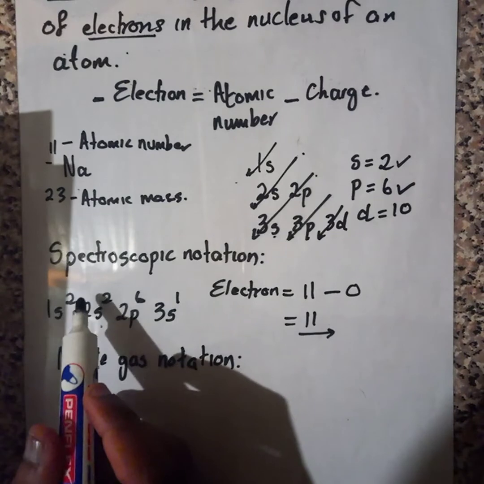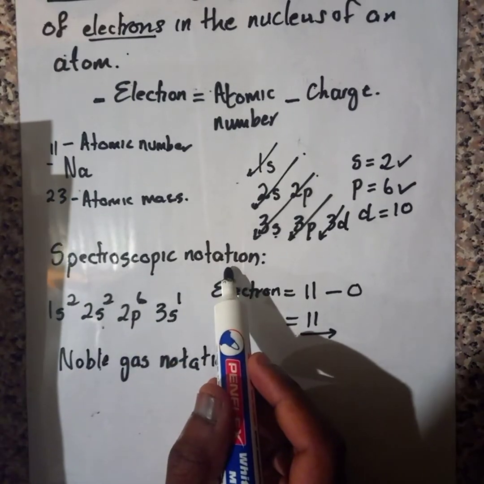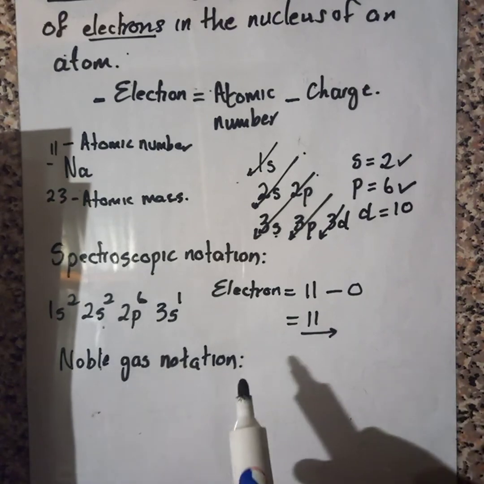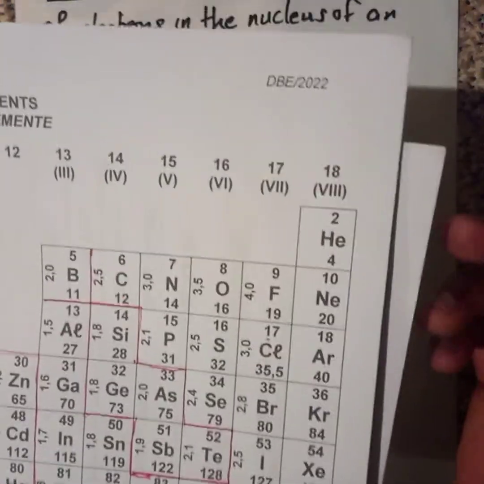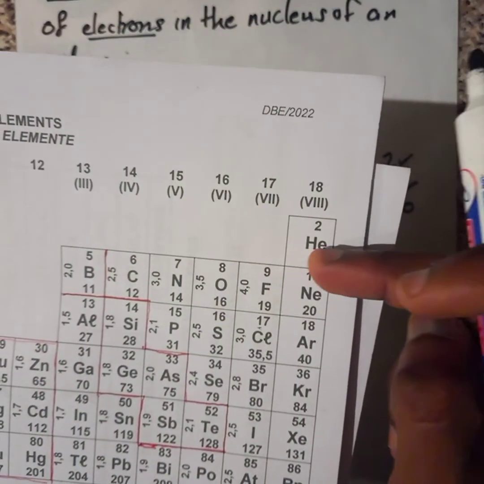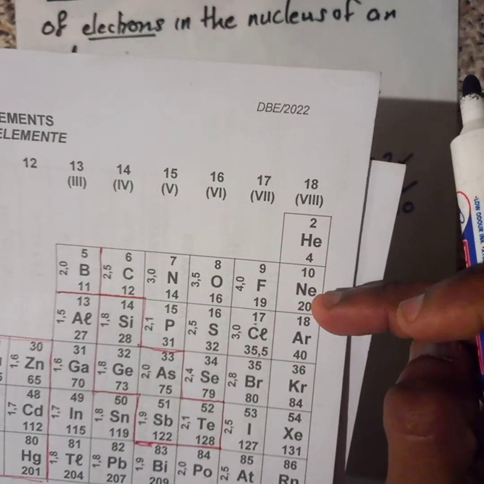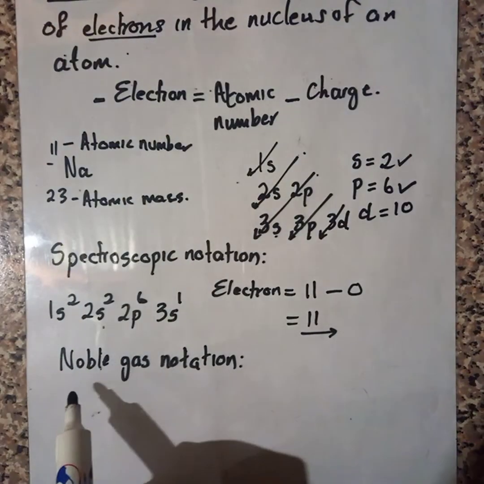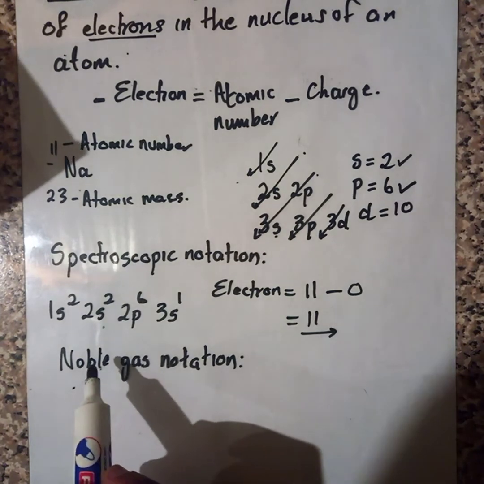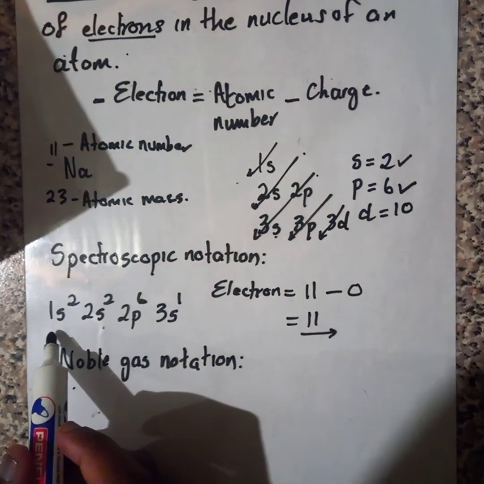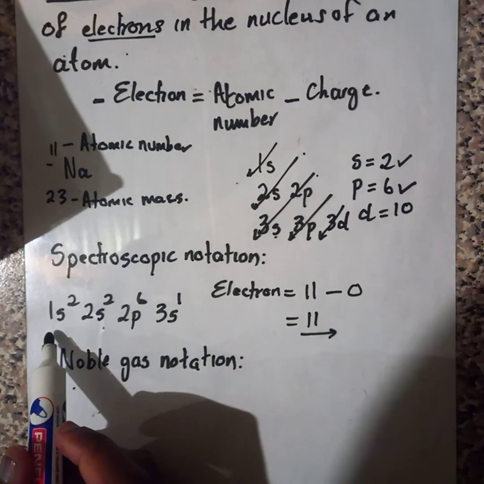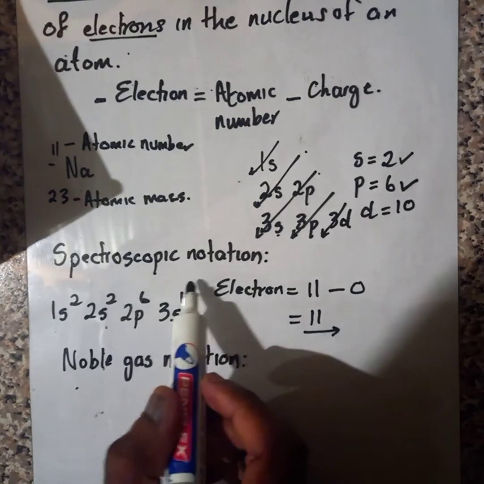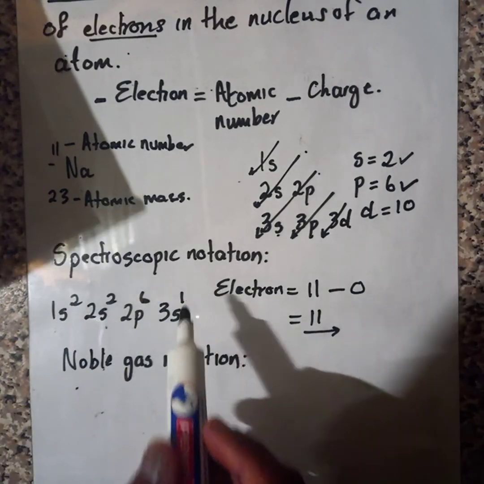We are going to use our spectroscopic notation to answer this question of noble gas notation. So simple. We have so far helium and neon. Let me take these two. But for us to answer this question, we are going to consider the possible maximum noble gas that can be found from this spectroscopic notation.